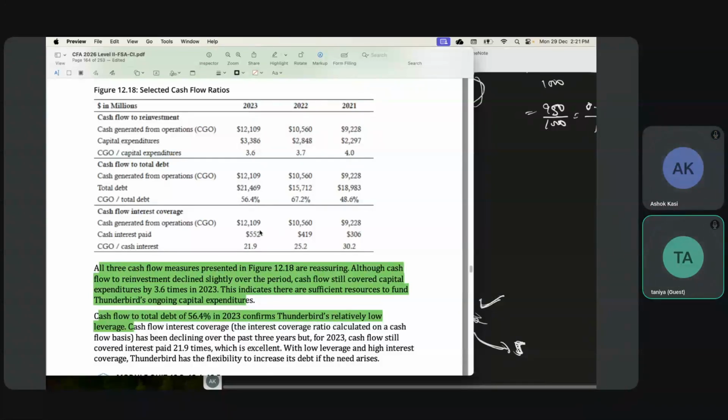And this is also very good, because for every 1 rupee of cash interest paid, we are getting 21 rupees of extra cash generated, which is good. This indicates sufficient resources to fund Thunderbird's ongoing capital expenditure. So this is all fine.